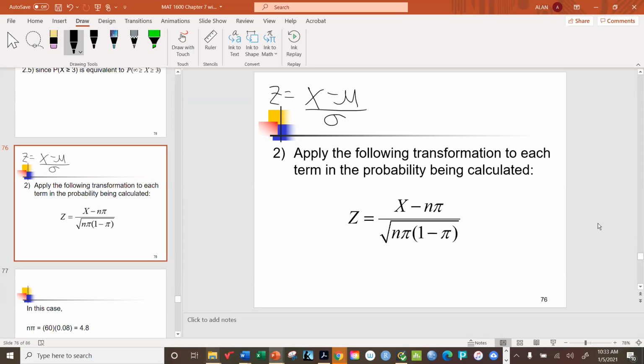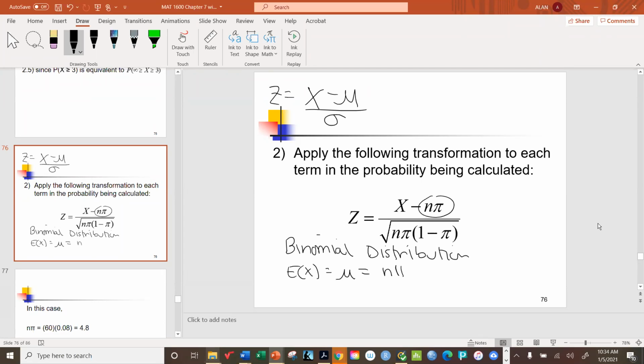The reason it's set up this way is because if you recall, the expected value, the mean, for the binomial distribution is n times pi, and the standard deviation is the square root of n pi (1 minus pi). So basically, it's the same formula where we've replaced mu and sigma with the equivalent formulas taken from the binomial distribution.